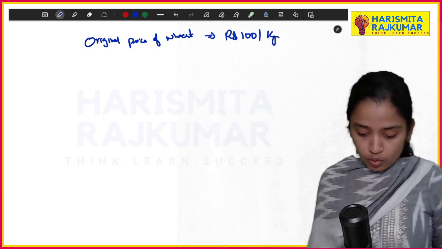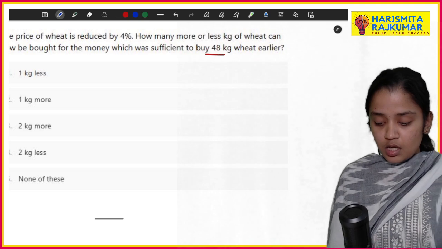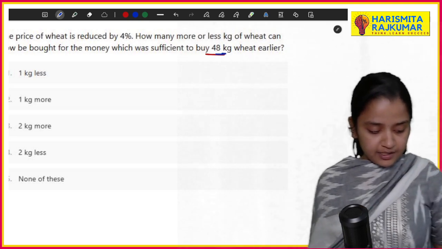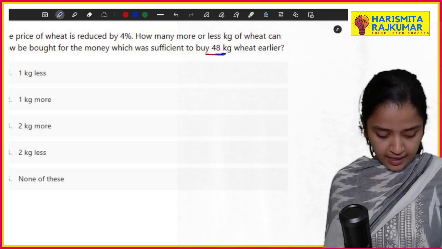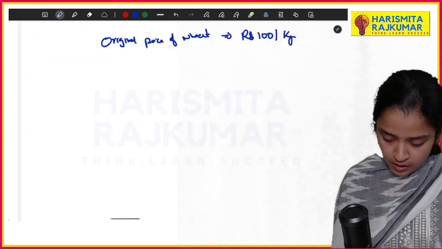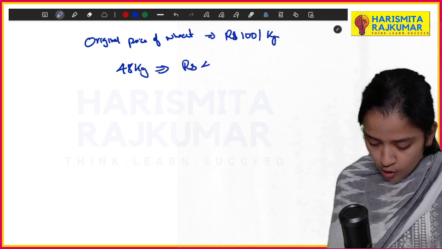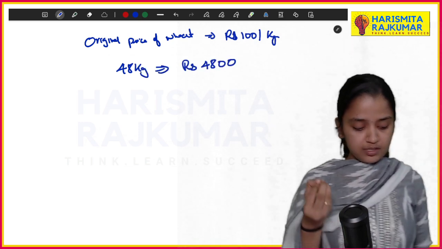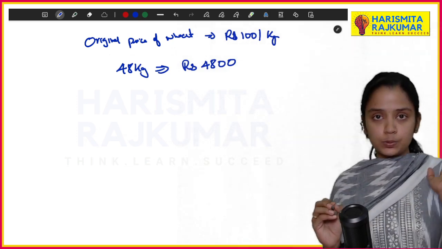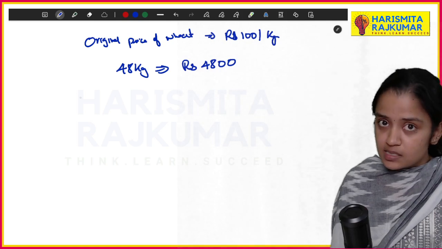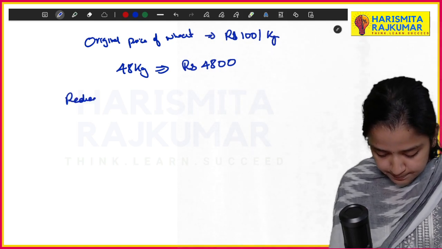Now they asked us to buy 48 kgs, right? So to buy 48 kgs, what are you supposed to do? For 48 kgs, you need rupees 4,800. This we know, but the price is reduced, right?